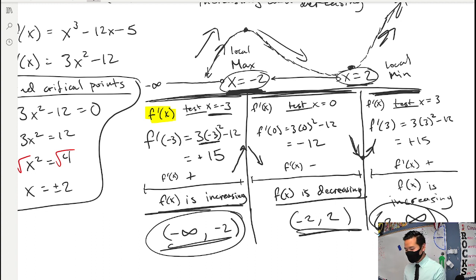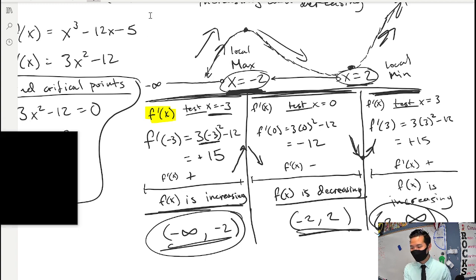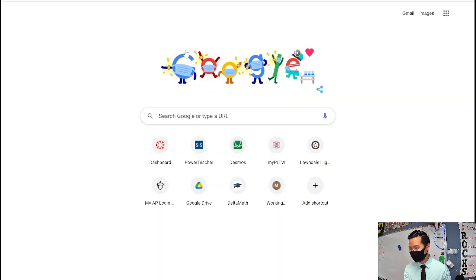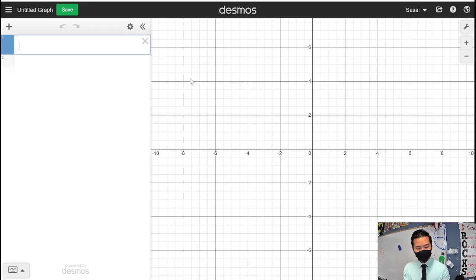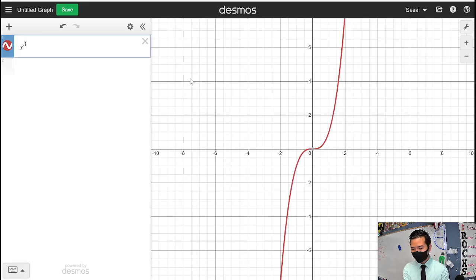Check this out though. You'll probably be like, couldn't we have just graphed this? And I'll say, yeah, we could have just graphed it, but where's the fun in that? Literally. There's no fun in it. But let me show you real quick. The function was x cubed minus 12x minus 5.